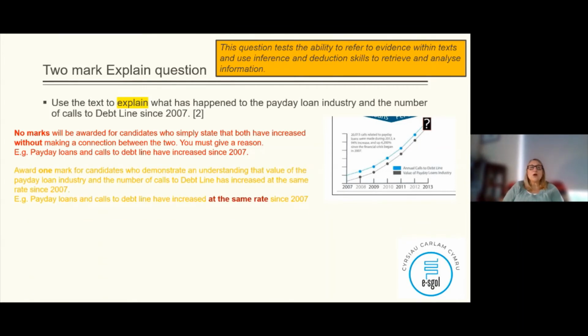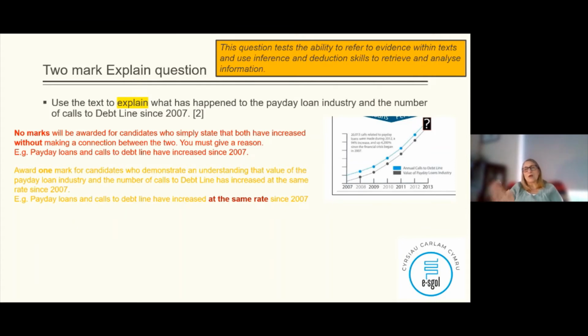For the next one, you might award 1 mark for candidates who demonstrate an understanding that the value of the payday loan industry and the number of calls to debt line have increased at the same rate since 2007. That's the key difference. You get 1 mark because you're recognising that both have increased at the same rate.